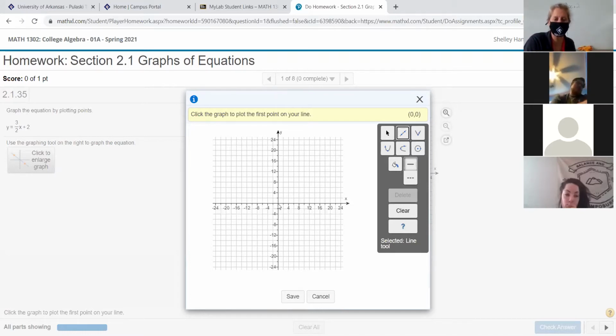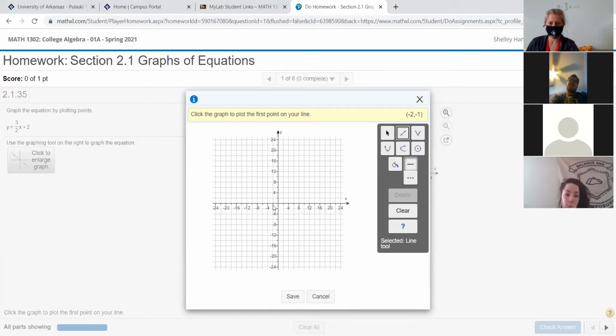So I'm going to move my mouse. Now, do you see how what I am plotting, which is negative 2, negative 1, is what is up in that yellow box now? Again, look where my cursor is. This graph is so tiny that it's hard to see, so I'm just going to trust up in that yellow box that my cursor is at negative 2, negative 1.